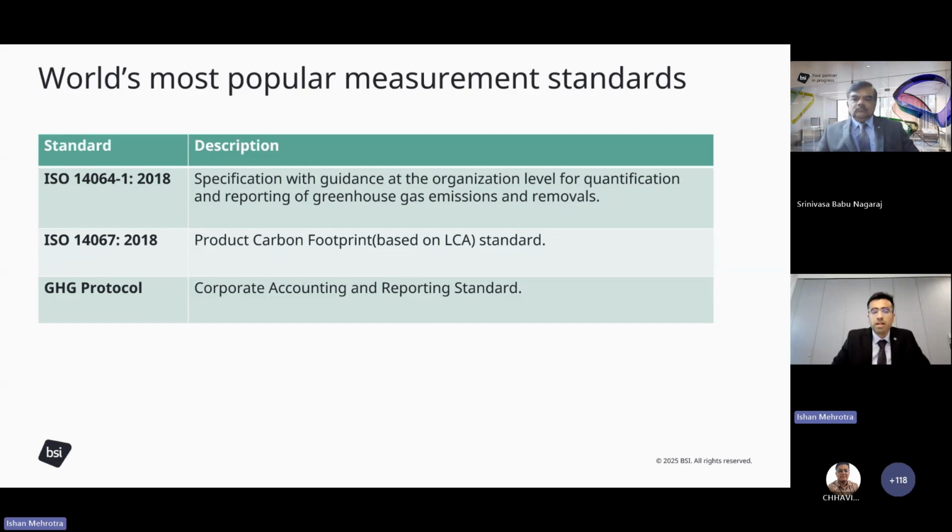And parallelly, the GHG Protocol corporate accounting and reporting standard, and the scope 3 standard, its versions are also available. So in ISO, we have 14064 Part 1, which talks about organization level quantification, which becomes a standard for your scope 1, scope 2 quantification as well.